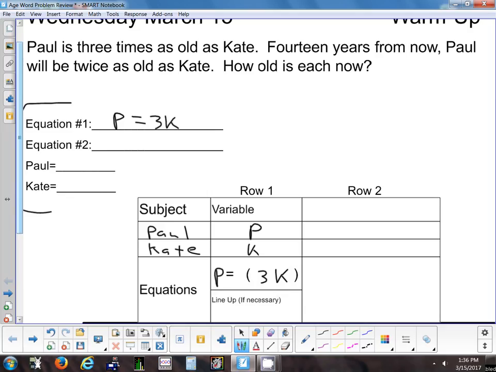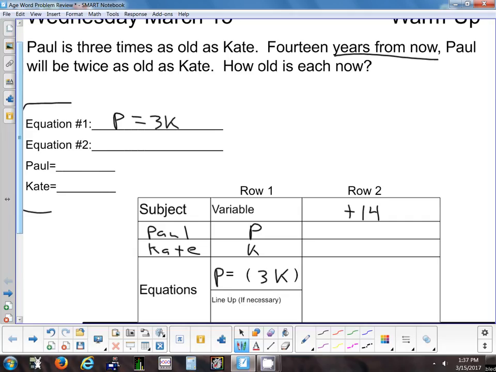You'd add 2. What if it said years ago? What operation is that? Subtraction, that's the past. Is this problem about the future or the past? Future. Years from now. How many years from now are we talking? 14. So we put a plus 14, and now I want to know Paul's age 14 years from now.